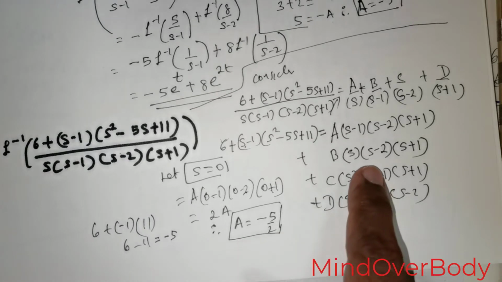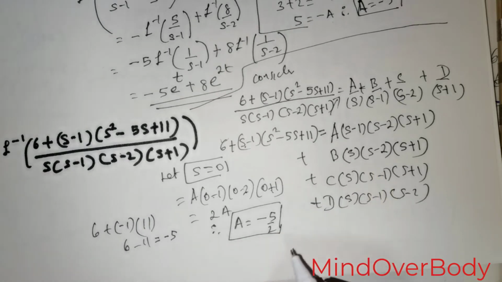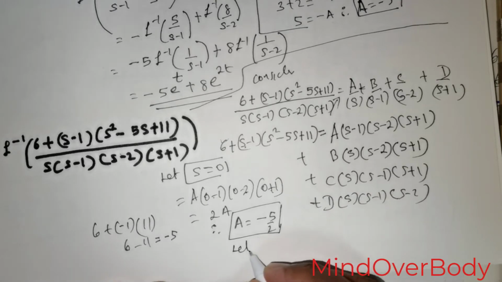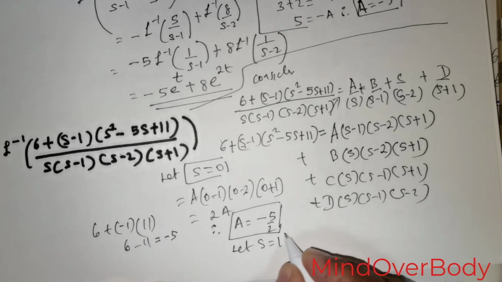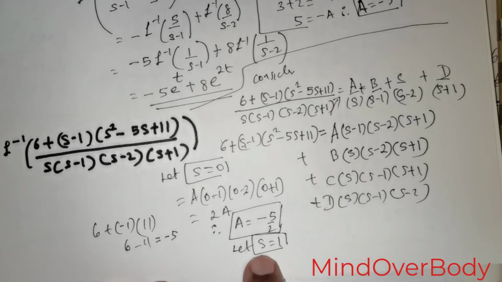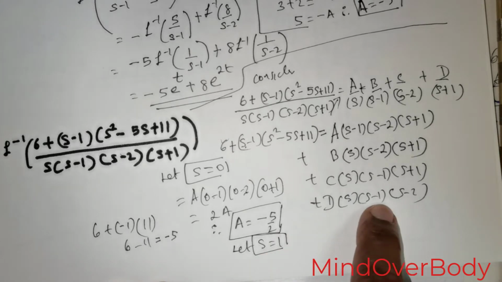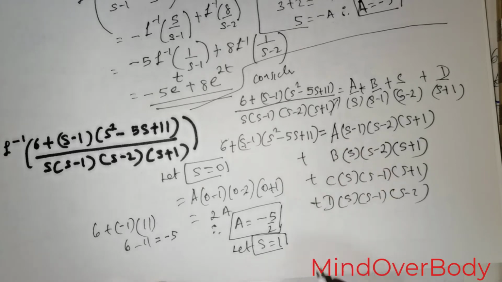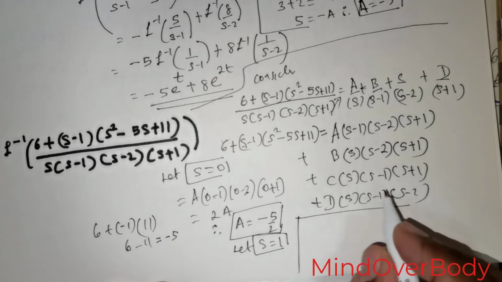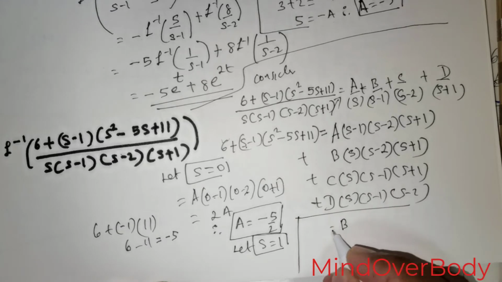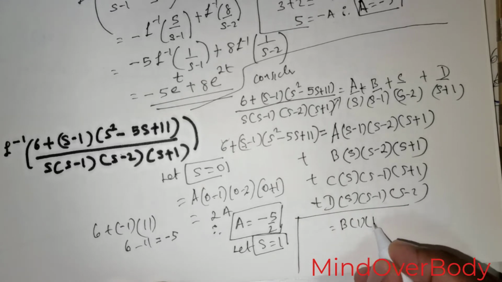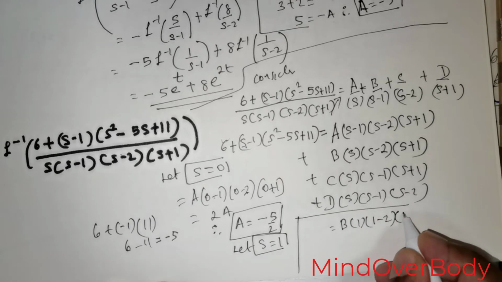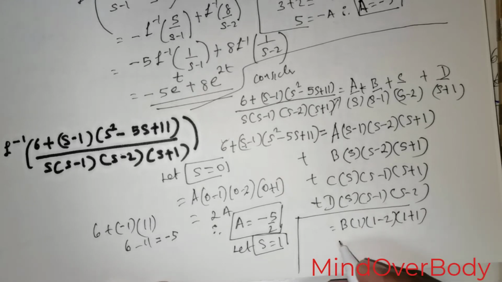Now let's move on. Next I would like to take s to be equal to 1. So if I were to take s is equal to 1, this will vanish, this will vanish, this will vanish, but b will stay on. So let me use the space here to obtain the value for b. So it's going to be b of 1, 1 minus 2 times 1 plus 1.